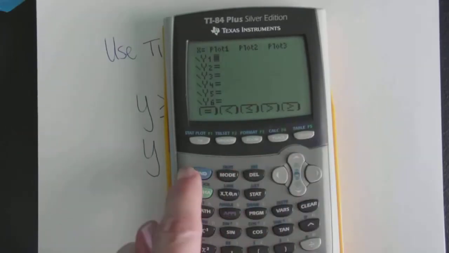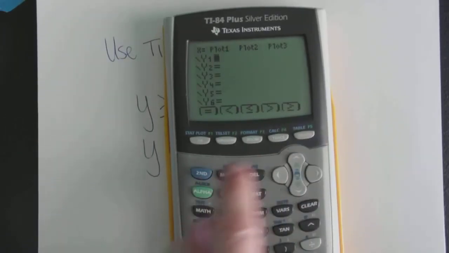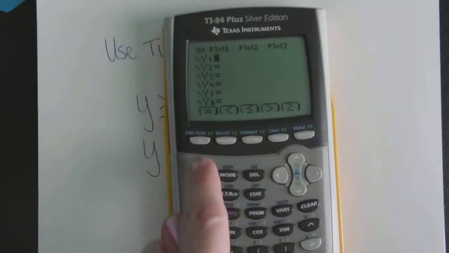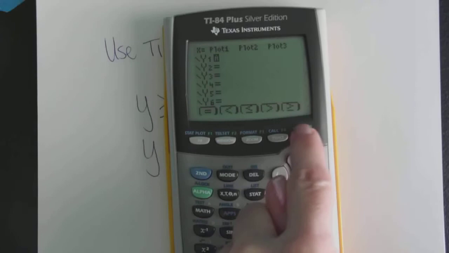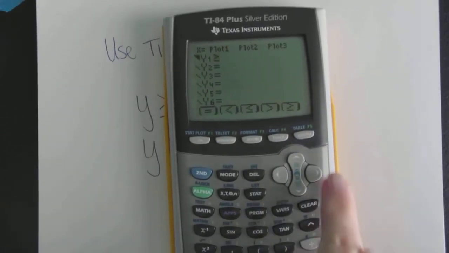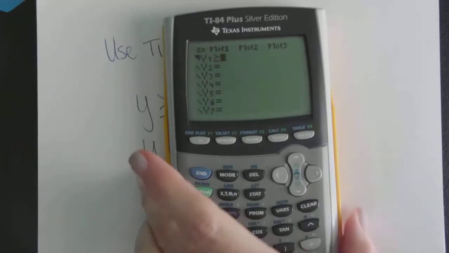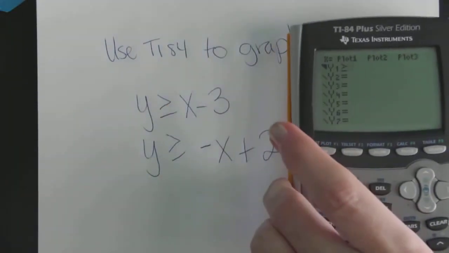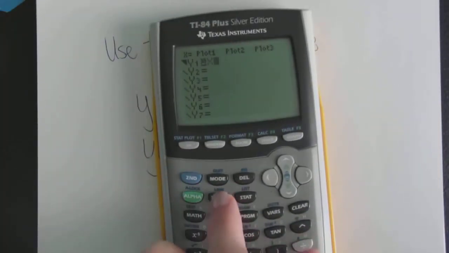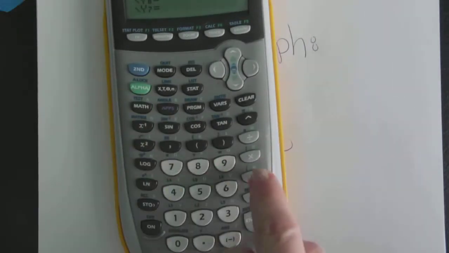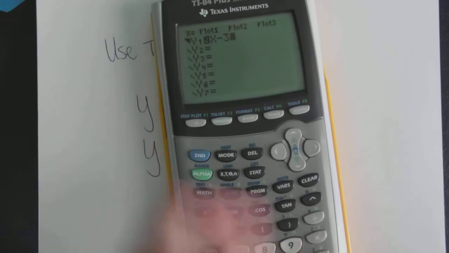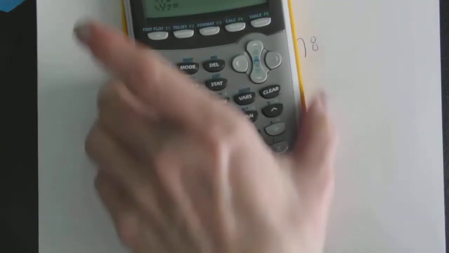Because they're in green, to access, for example, F5, you have to press the alpha green key. So watch what happens. Hovering over the equal sign, I'm going to press alpha F5, and it changes to greater than or equal to. Now all I have to do is arrow to the right and type in the rest of my equation: x minus 3. Remember the x is right here. Make sure you're pressing minus 3, and hit enter to store.